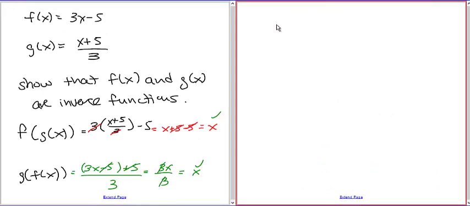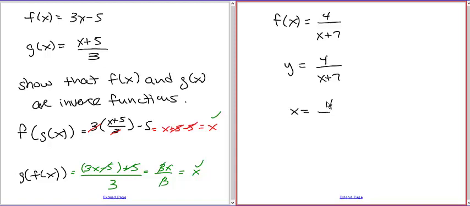Okay, next one, same procedure. So you replace f of x with y, so you get y equals 4 over x plus 7. Switch x and y, keep all the other signs the same, like that.